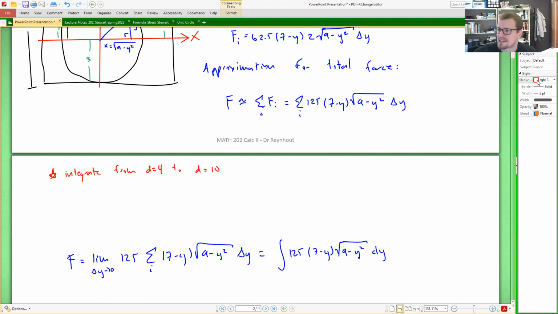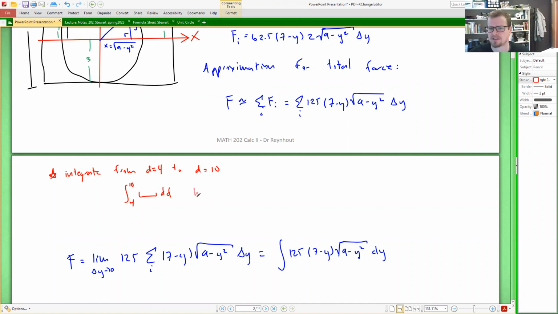So what I want to recognize is I need to make some substitutions. I already have everything written in terms of y here. But if I wanted to, my integral would be from 4 to 10 of something dd when I integrate from 4 to 10 with respect to the depth.